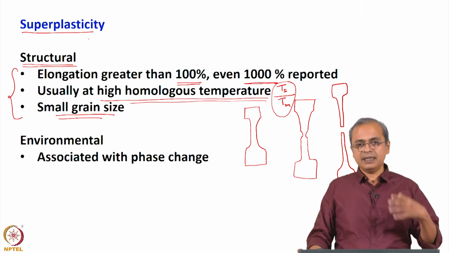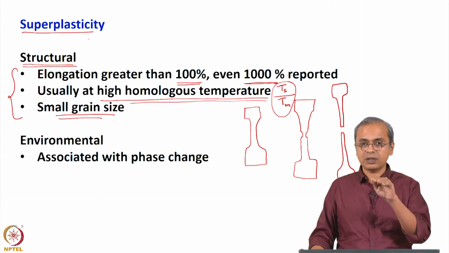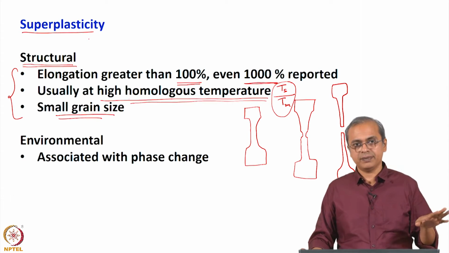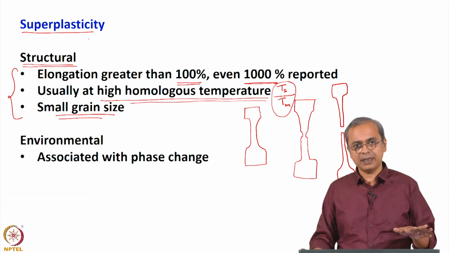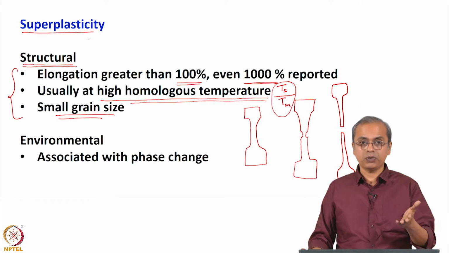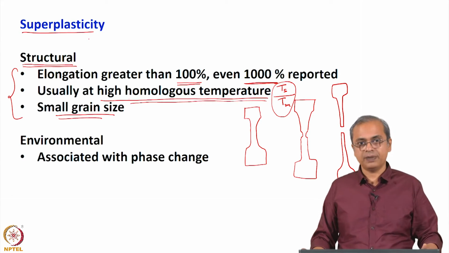But when they study it, they find that it has got to do with the fact that you are operating or cycling at temperatures very close to a phase change temperature. So, there is some phase change happening in that material, and presumably that phase change results in significant anisotropy in the property of that material.